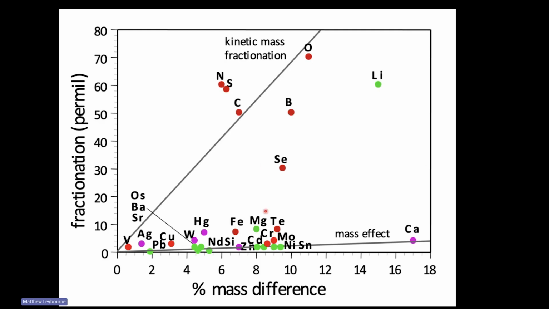We can see that elements like nitrogen, sulfur, carbon, oxygen, which are the traditional isotopes, as well as boron and selenium, are all redox sensitive species. And so they tend to have very large fractionation factors, and they have a fairly large mass difference. Generally speaking, as we increase the atomic weight, the mass difference gets smaller, and so the fractionation gets smaller.